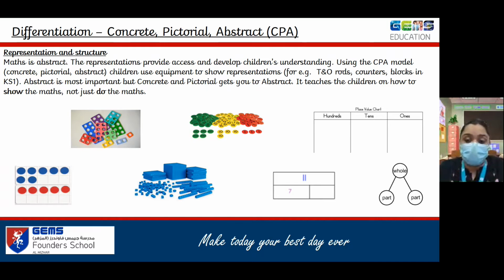So when the children are following the CPA approach, that is concrete, pictorial, and abstract, they can scaffold their learning very, very clearly and justify their answers to an adult or to their friends within the math lesson.